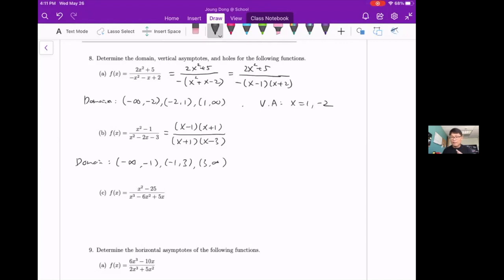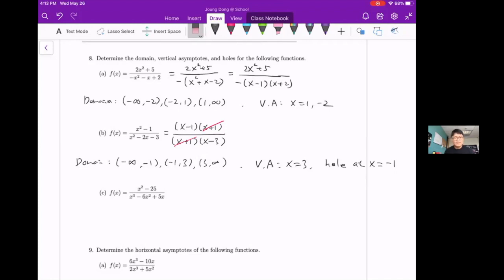Then it is not a vertical asymptote, but it is a hole. So my only vertical asymptote is x equal to 3, and we have a hole at x equal to negative 1.